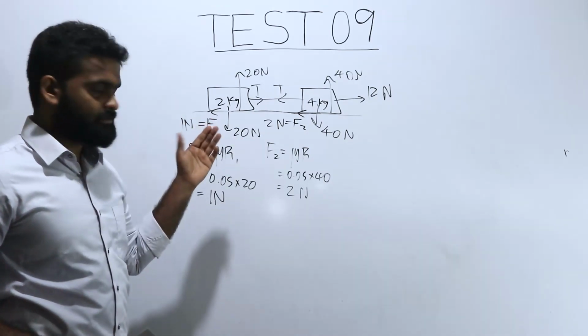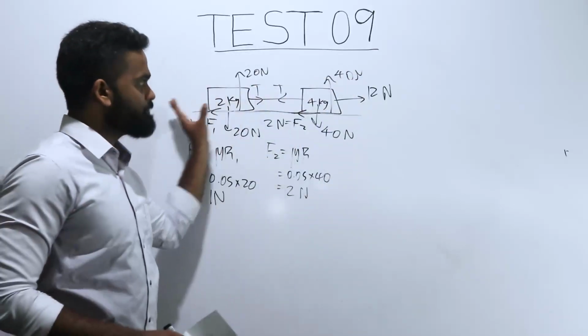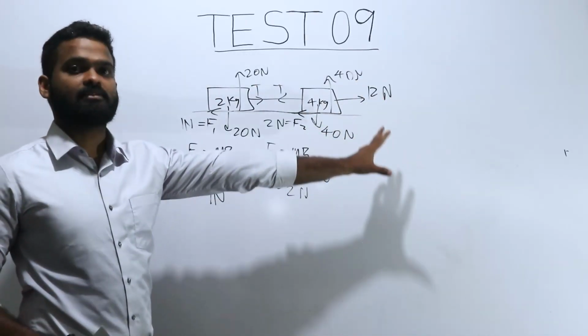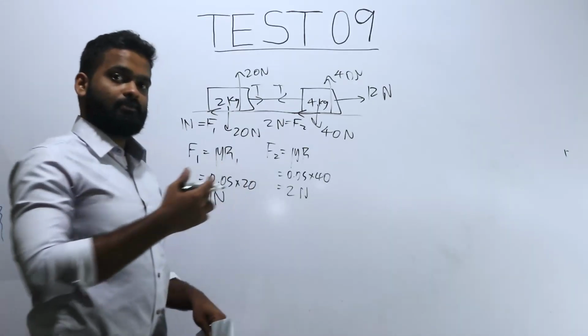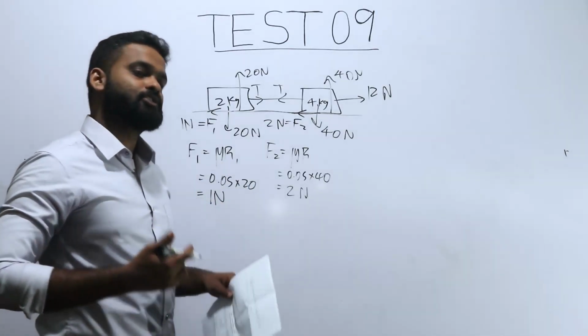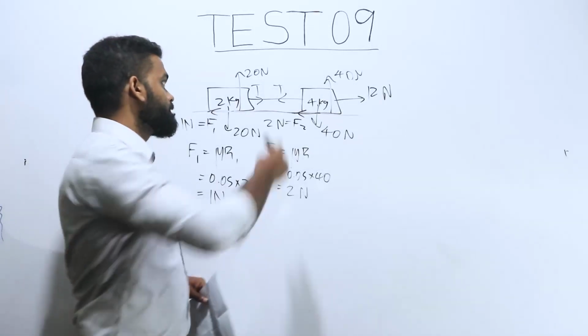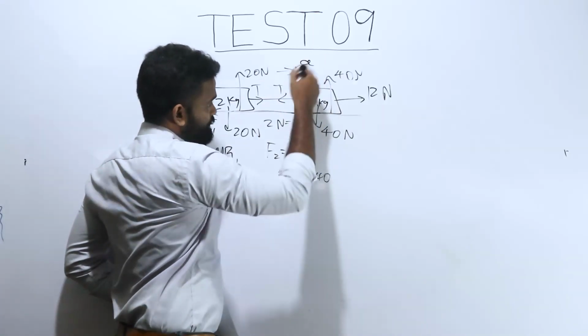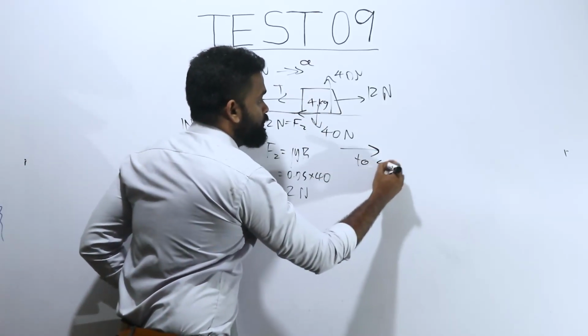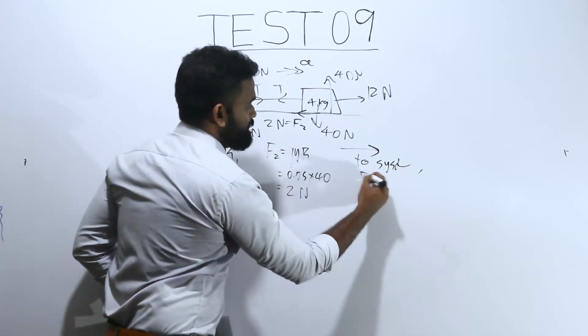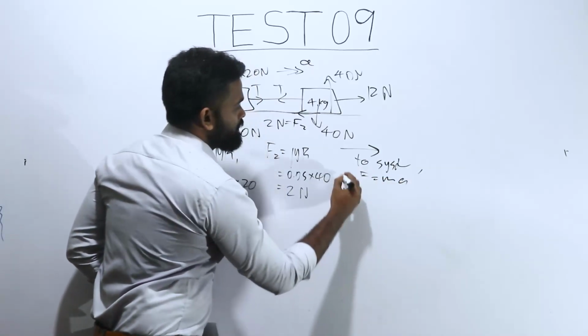In that case, there's an unbalanced force to this side, so this system has to accelerate. First, before finding capital T, you have to find the acceleration. Let's say the acceleration of the system is simply A. Then to the whole system, I'll apply F equals ma to this side.